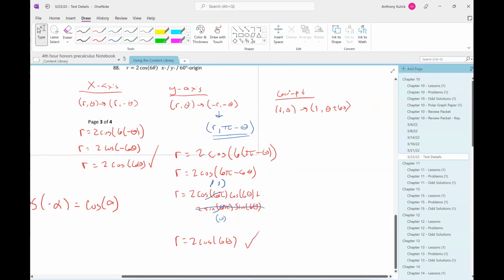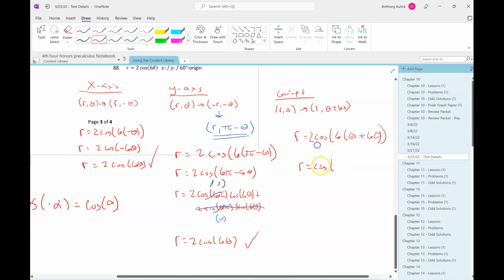And then the last one here. That's not a theta, that's just a 60. Okay. So I distribute the 6 through.